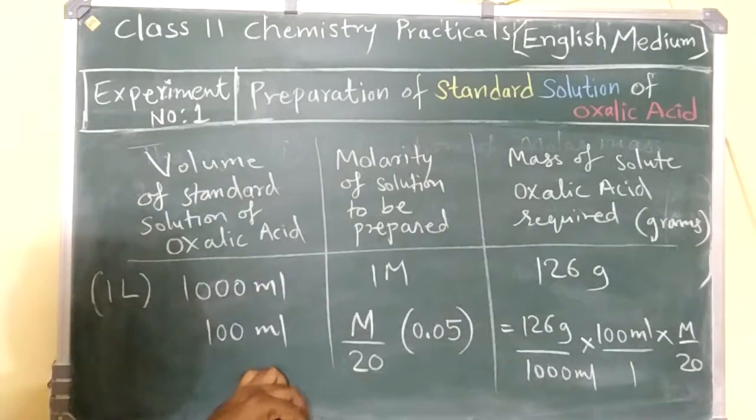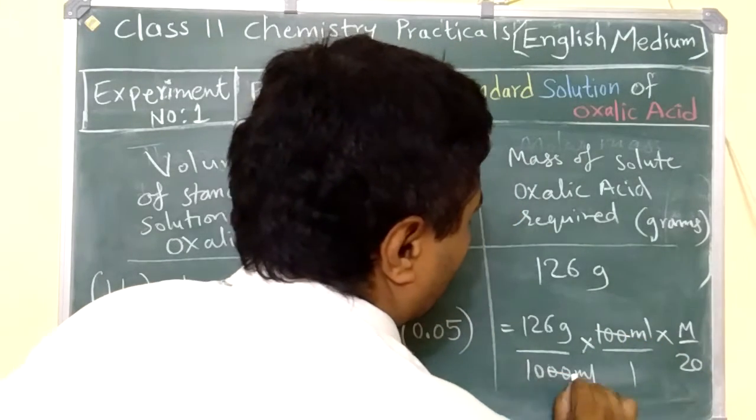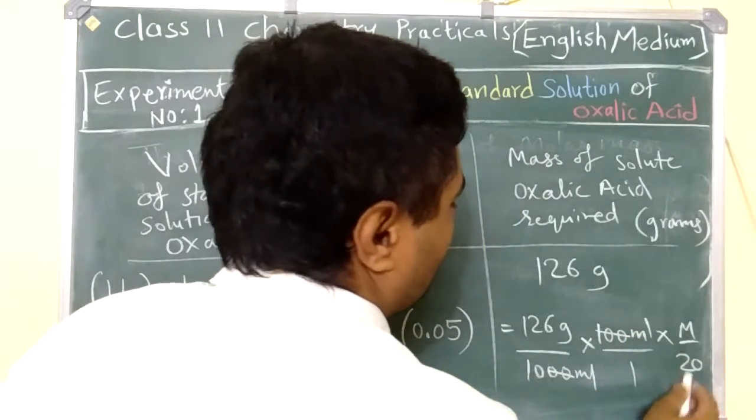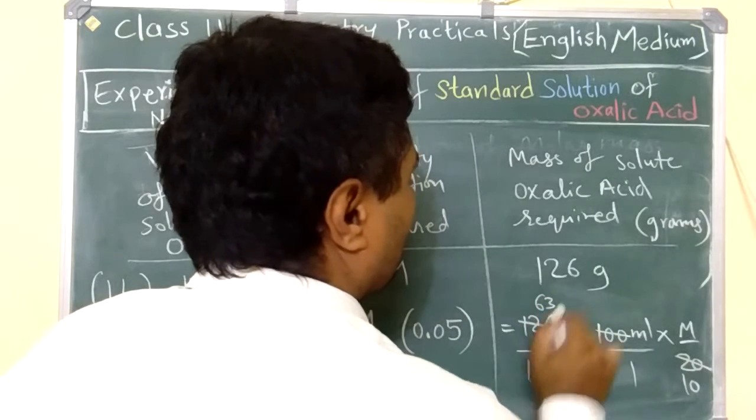So students, if we calculate this, now see, the 00 will cancel out here, here 2 will cancel with 10, and here what will happen? 63.